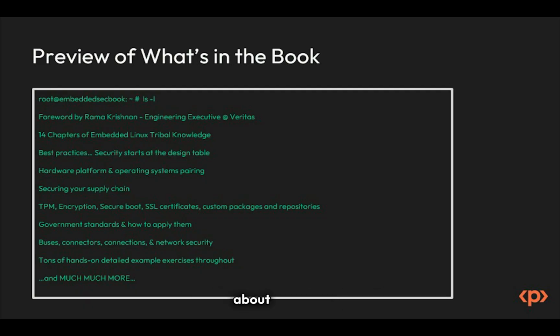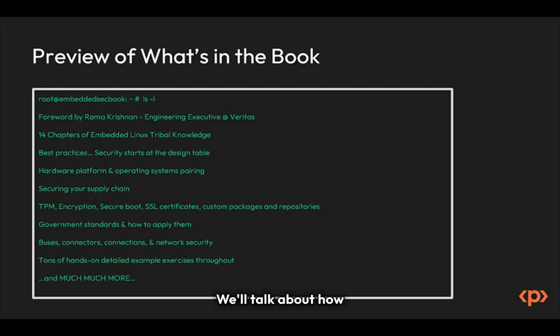We're going to talk about securing your supply chain. We're going to get into things like trusted platform modules, encryption, secure boot, SSL certificates, custom packaging, repositories, how you can build and control everything that goes into your appliance. You control the life cycle.